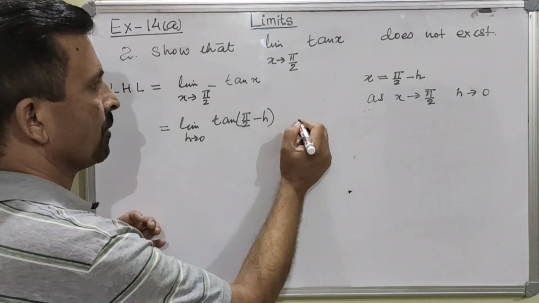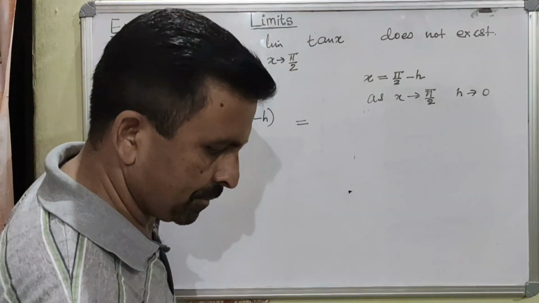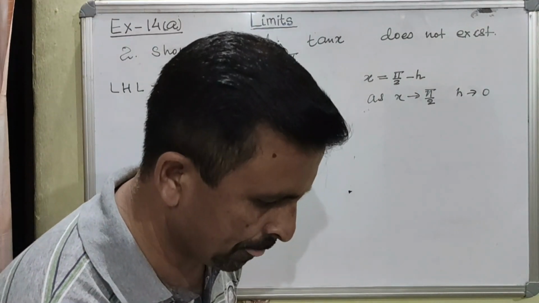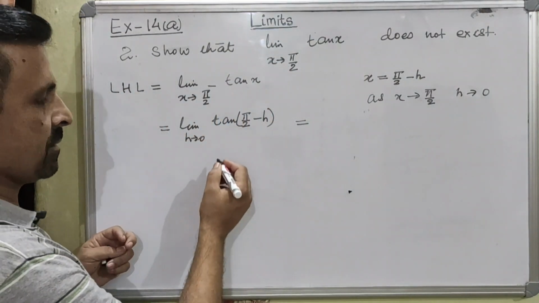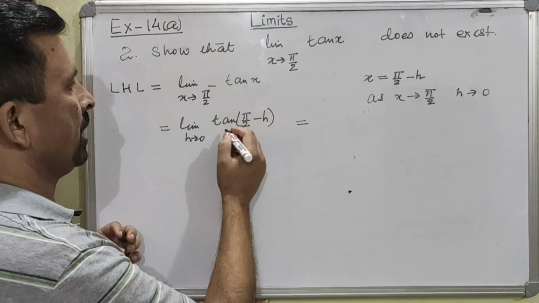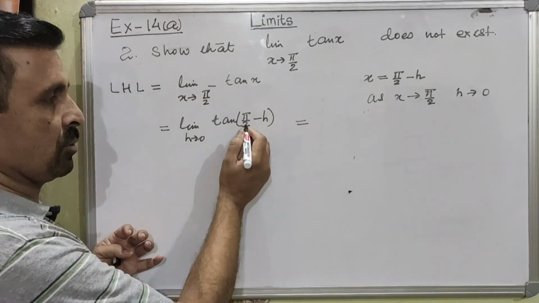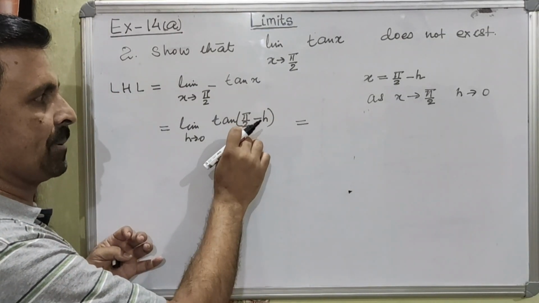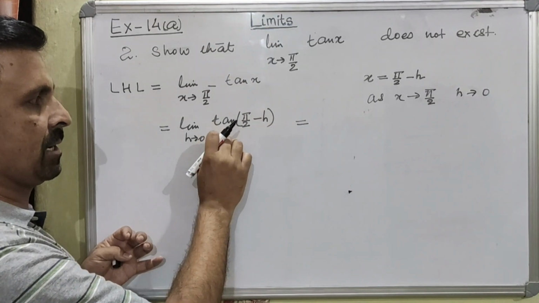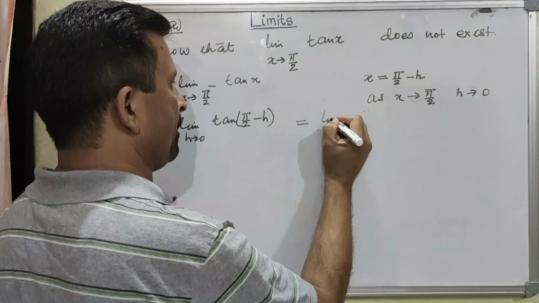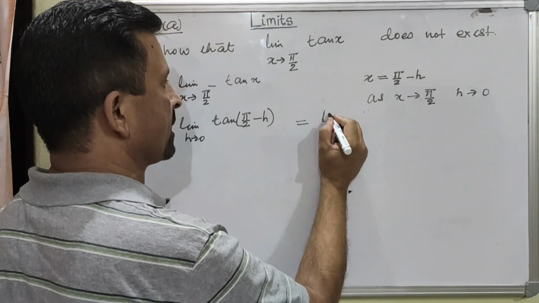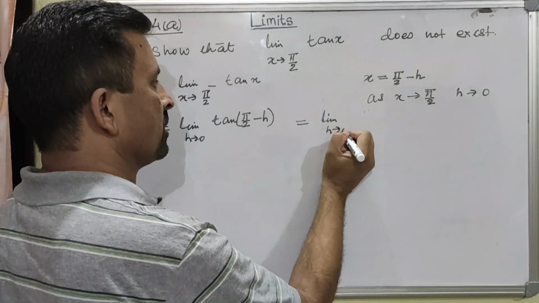Now, what will be the next step? Here the angle is pi over 2. You know, when the angle is pi over 2, 90 plus theta or 90 minus theta, then the trigonometrical ratio will change. So let us solve this function. Limit h tending to 0.